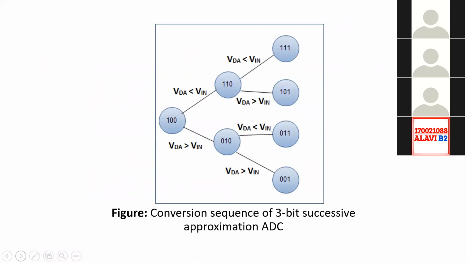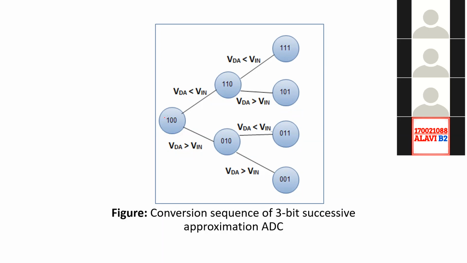Now, in terms of a tree diagram, the whole flow of this conversion process can be demonstrated. So in each stage, the analog to digital converter actually takes decision for one particular bit in case of SAR.